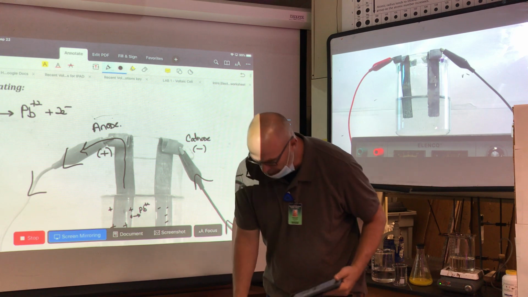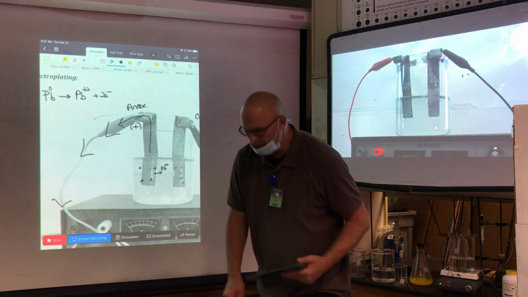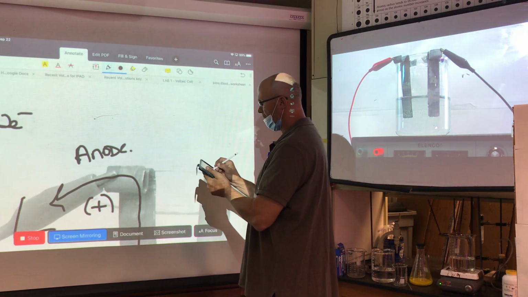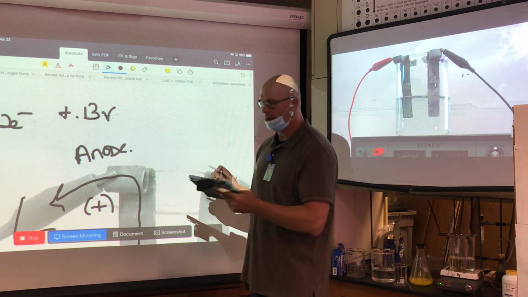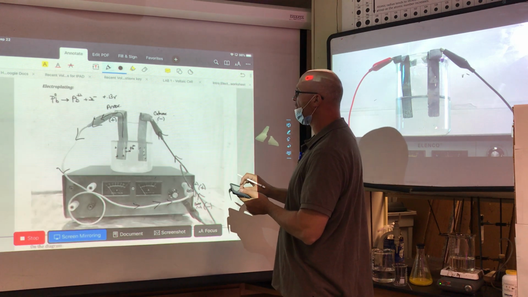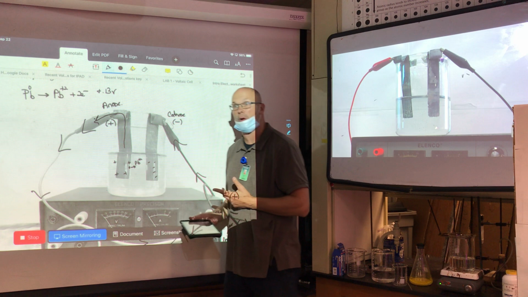Its standard reduction potential is positive 0.13, so positive 0.13 volts. So it does oxidize a little bit, but this cathode makes it oxidize like 2,000 times more.